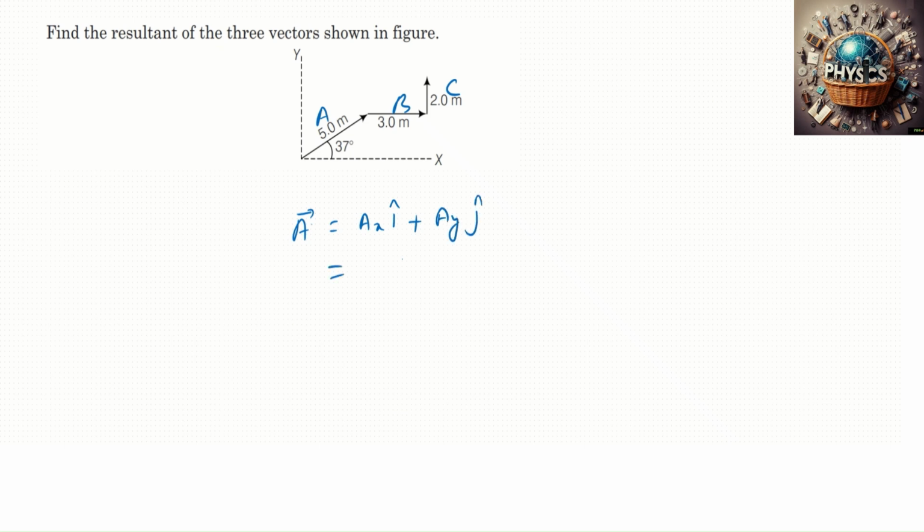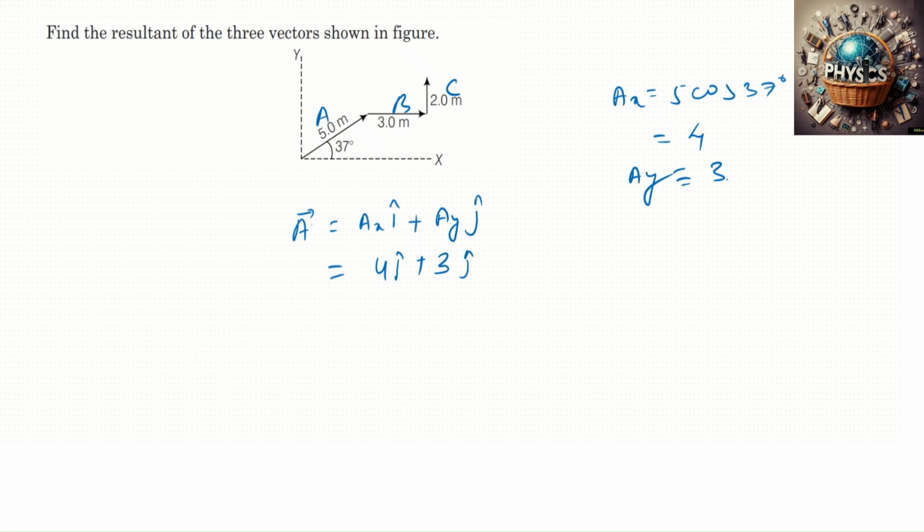Which means 5 cos 37 degree is the component Ax, which will be 4, and Ay will be 3. So 4 I cap plus 3 J cap.